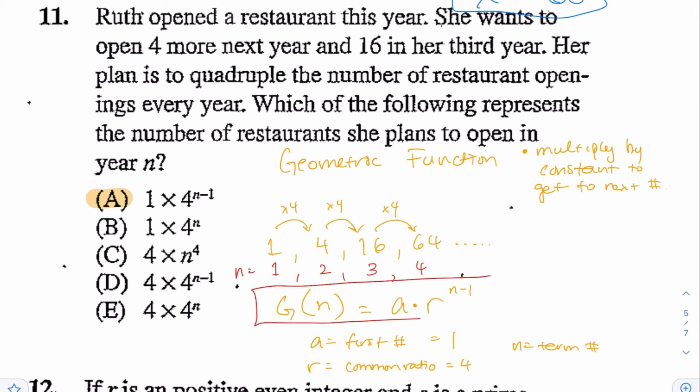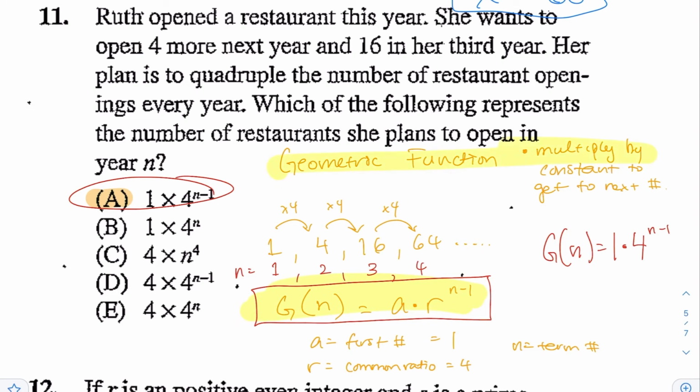So this is the general form of a geometric sequence. You just substitute in. Here, g of n will be equal to 1 times 4 raised to the n minus 1 power, which is choice A. So this is the general format of a geometric sequence, and the answer is A.